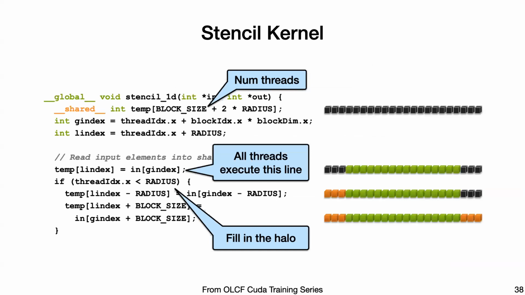Originally we did a host to device copy for input, and now we're trying to copy the memory from input into shared, or into temp. This assignment fills in this part, and this part fills in these two ends. So if a different thread was past this point and you're not done with this for some earlier threads, then you may not get all the data necessary.